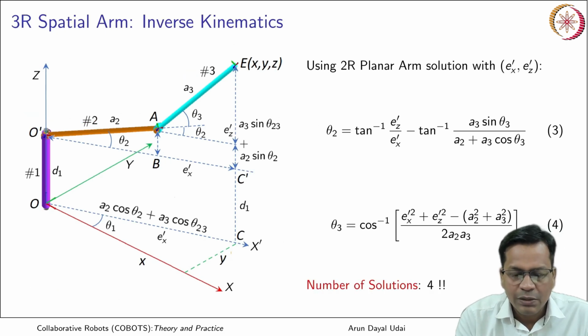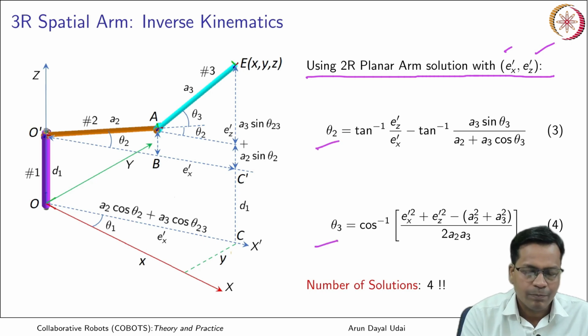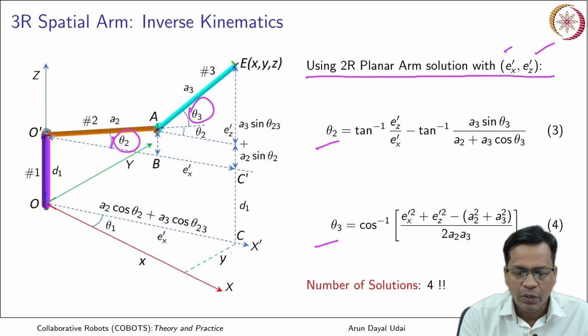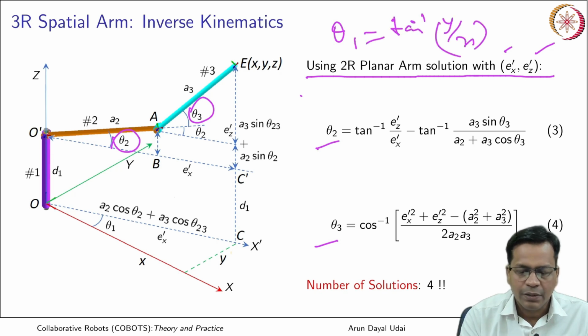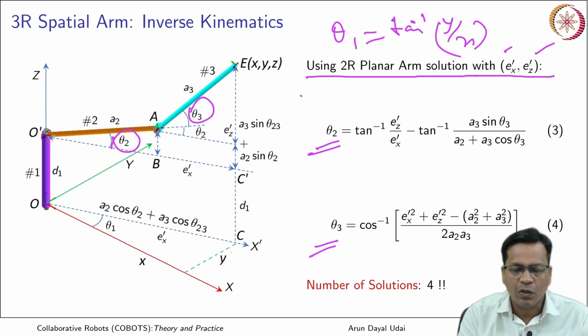Using this 2R planar arm solution that we have done earlier, I will simply put Ex dash and Ez dash in place of x and y and I can get theta 2 and theta 3, that is this angle and this angle, and I could get all the angles. So theta 1 was equal to tan inverse of y by x, theta 2 and this is theta 3. So all the joint angles are solved.